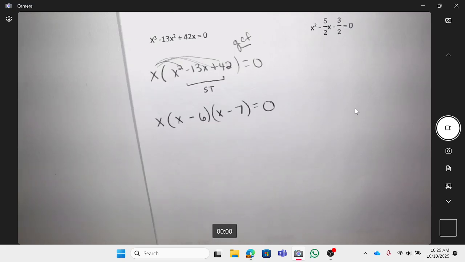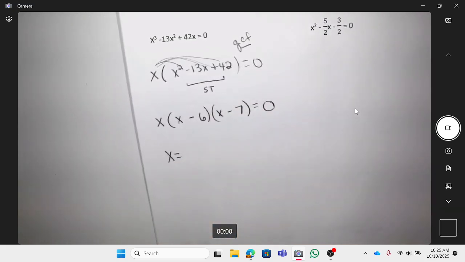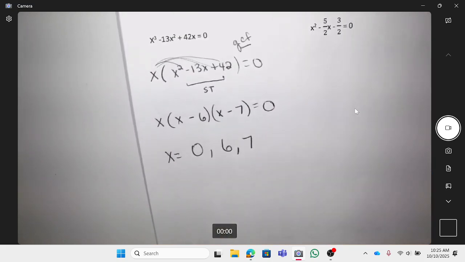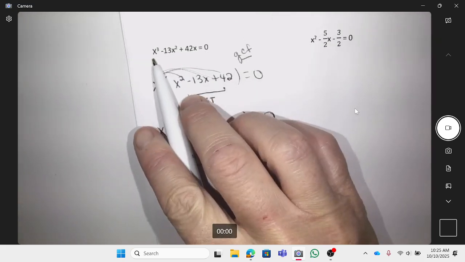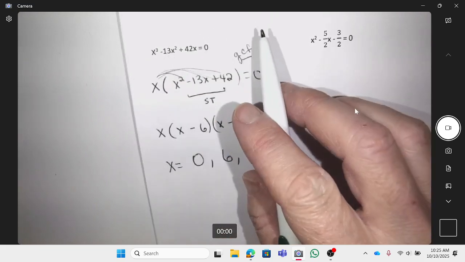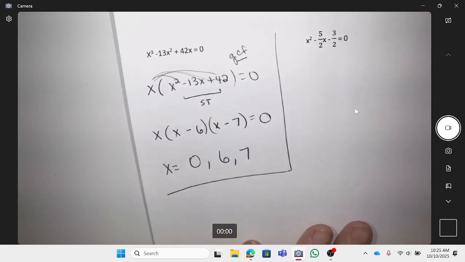If you are always jumping to your calculator to see what multiplies, that's going to be too long of a time. You've got to be a little bit faster, knowing that's 6 times 7. Do you understand there are 3 answers here? 0, 6, and 7. It is a cubic, so it's okay to have 3 answers. Quadratics often have 2 answers. So that was a little bit different.